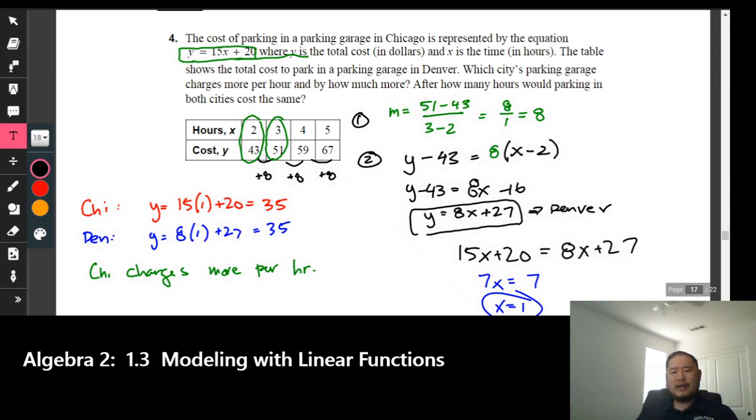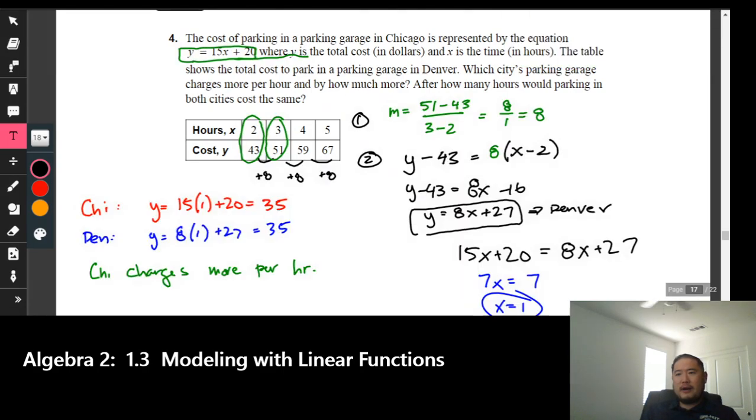Only after the first hour. I actually showed you that in the beginning. So only after the first hour is parking the same. After that, which one would pay more? Definitely Chicago, because you're paying $15 an hour after that.